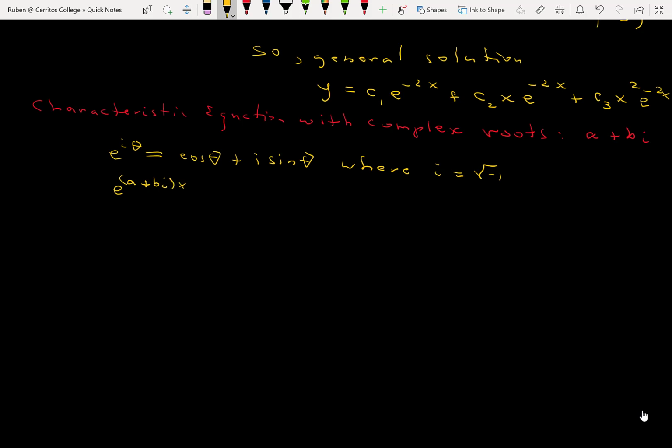e to the a plus bi x should be e to the ax times e to the i bx, just using rules for exponents.